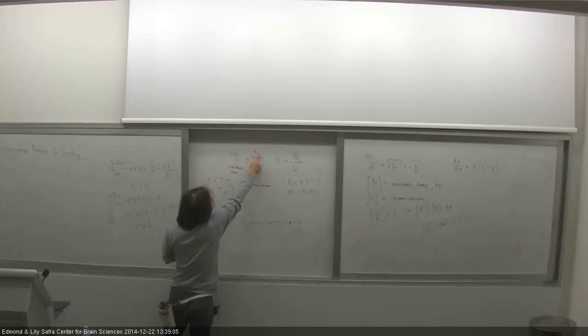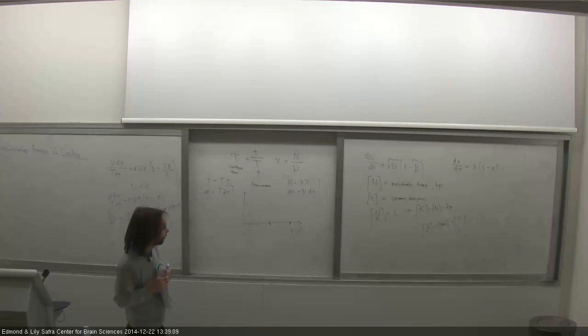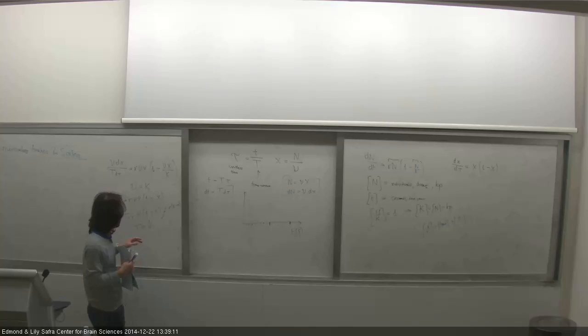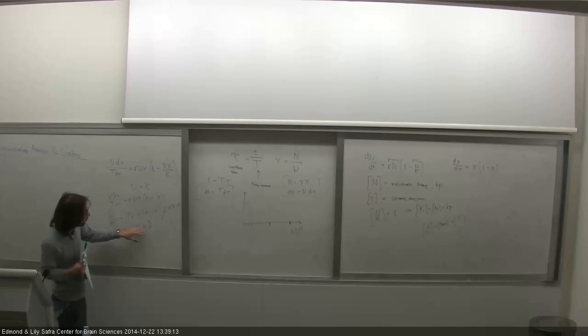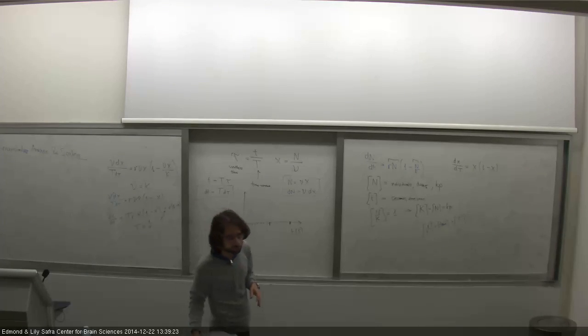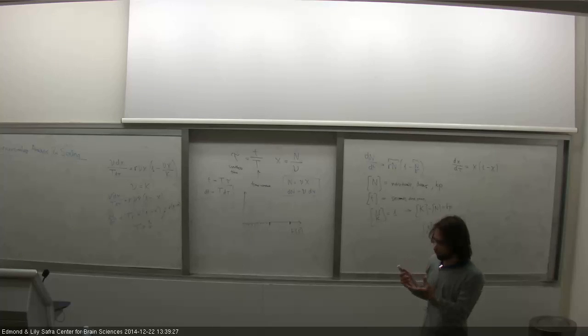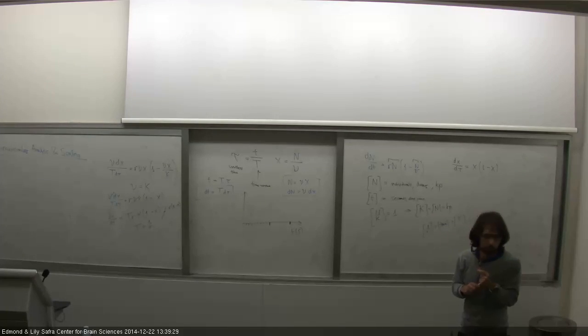Should have seconds over seconds or years over years. So in the end, when I find the relevant time scales, I should always check that things match. It will not always be 1 over r. It could be a combination of several parameters, and then it will not be readily apparent that this has units of time.